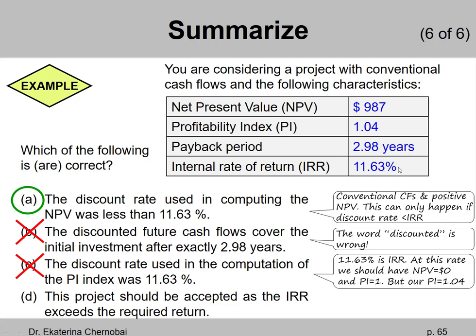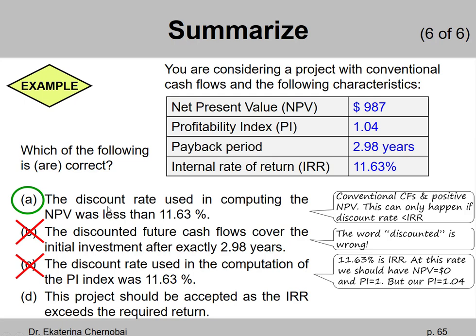The NPV being 0 also implies that the profitability index is 1. Is it 1? No. We are given 1.04. So the math doesn't add up. So the discount rate used in the computation of the PI index must have been less than 11.63%.